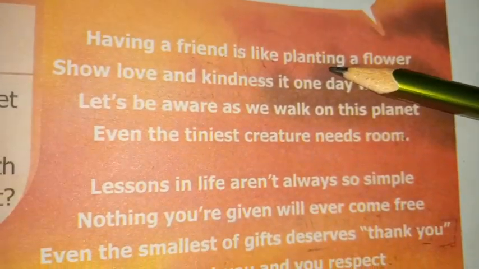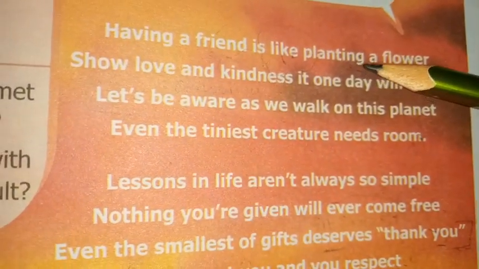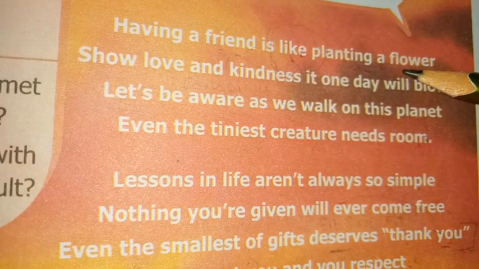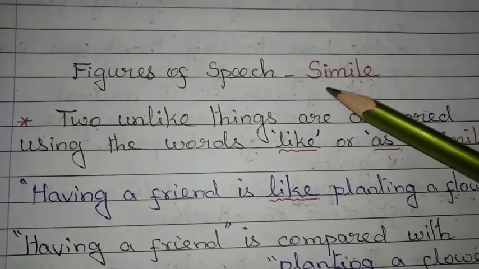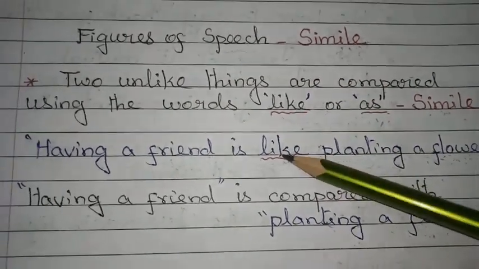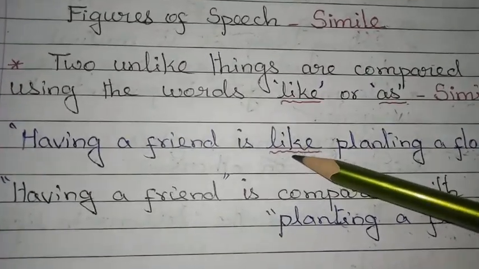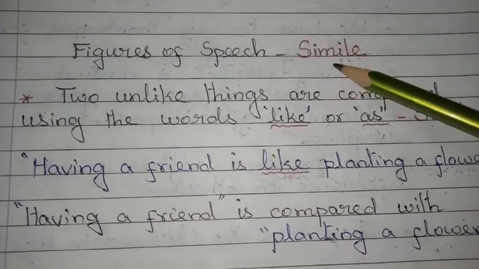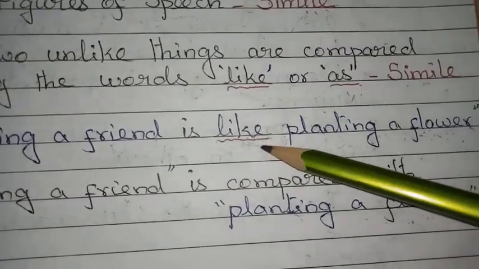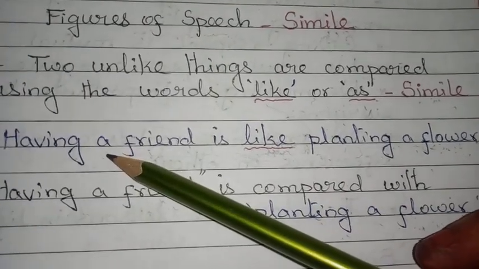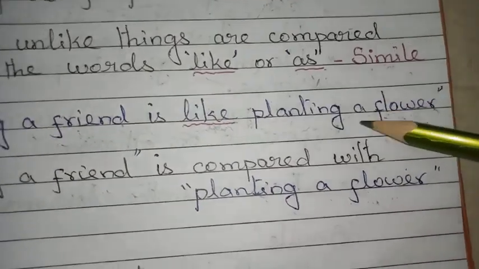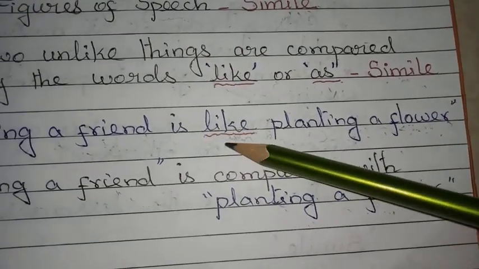And also an additional figure of speech is given in the first poetic line, and that is simile. Let us recall the figures of speech. In the first line, the figure of speech given is simile, because the poetic line has the word like and the poet compared two unlike things, having a friend and planting a flower, using the word like.